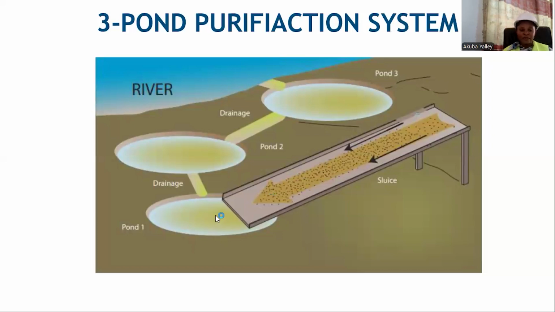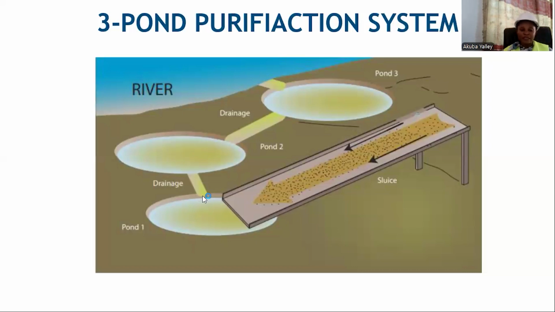And once settling is ongoing, the water on top definitely will become a little bit filtered. So there's a channel that is created here to allow the filtered water on top to move to the next settlement pond, which is pond 2.